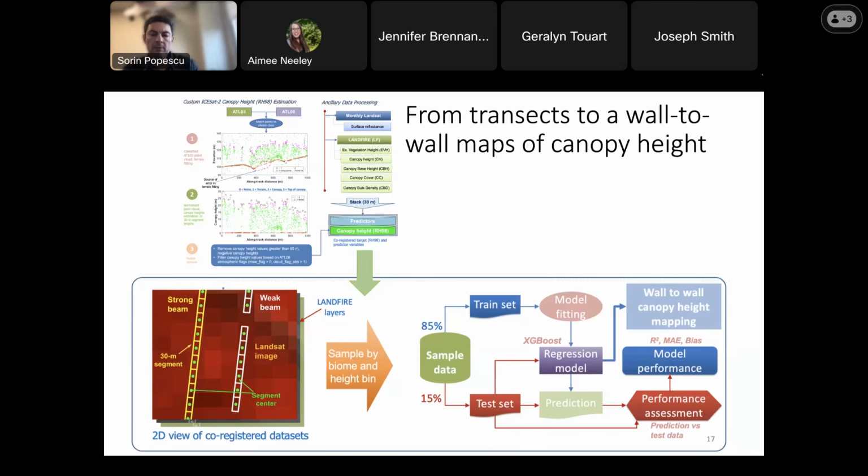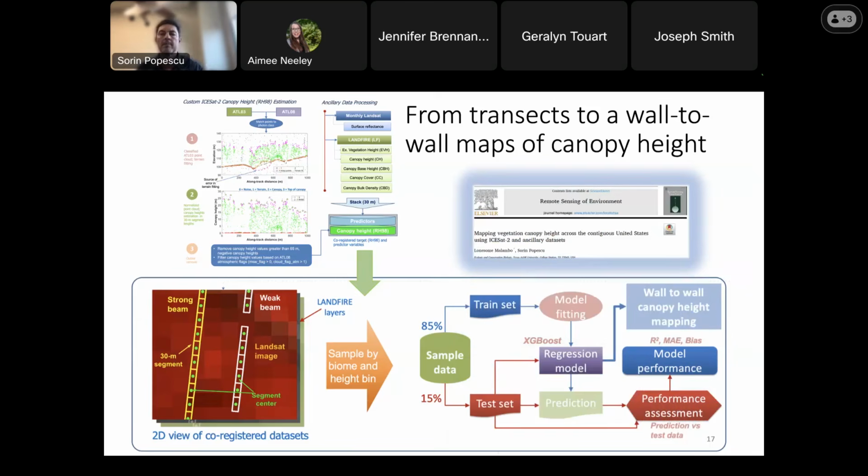One is with model validation. We split the data into training and testing with an 85 to 15% split, but also we used independent airborne LiDAR from Open Topography and NEON to assess independently the canopy height maps. So all of this is presented in a recent manuscript that came out last year, a publication now for mapping vegetation canopy height within the continental United States.